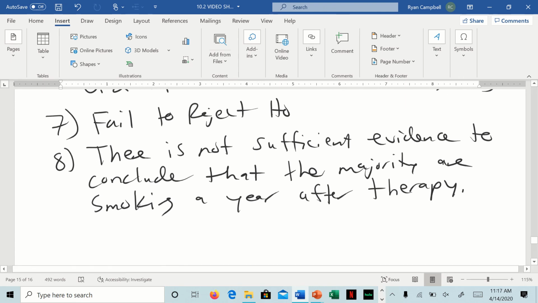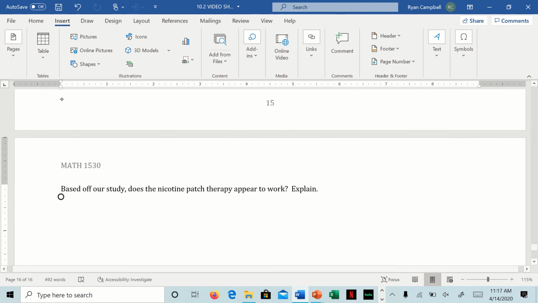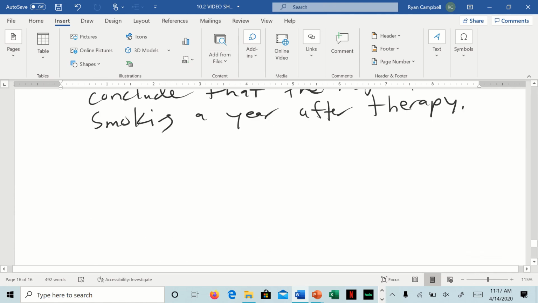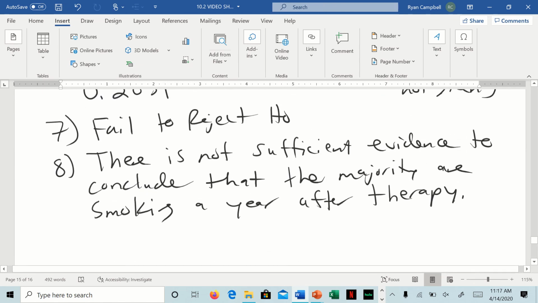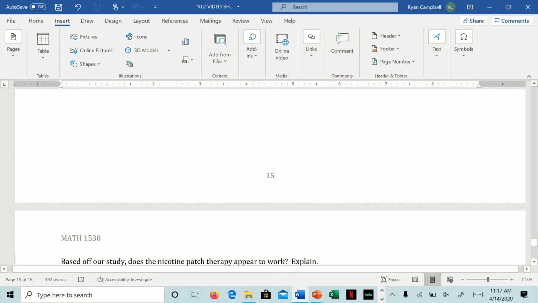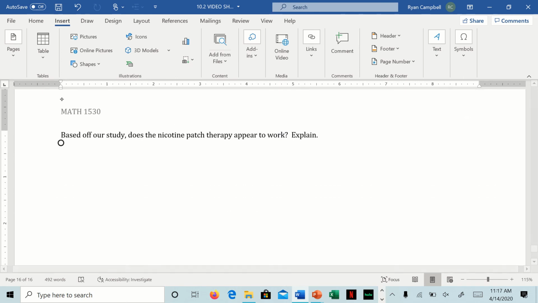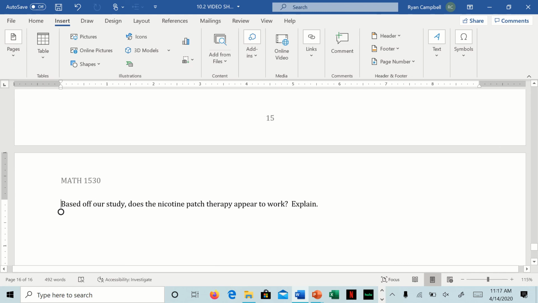Okay. So, based off this study, does nicotine patch therapy appear to work? So, let's think about this. If you are using the patch therapy, you are trying to quit smoking. So a year after, do you want to be smoking? No, right? A year after, you do not want to be smoking.